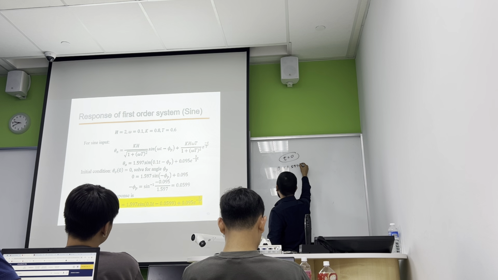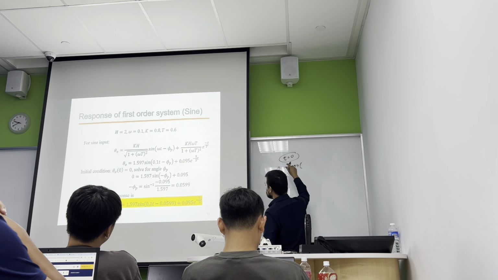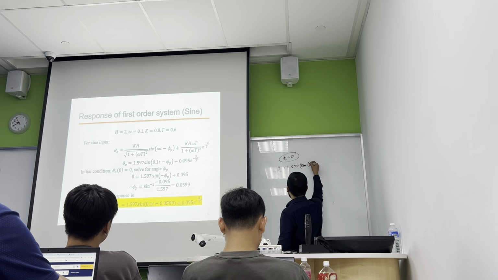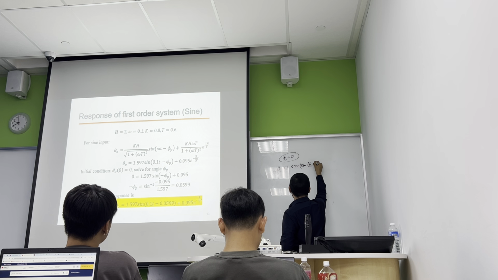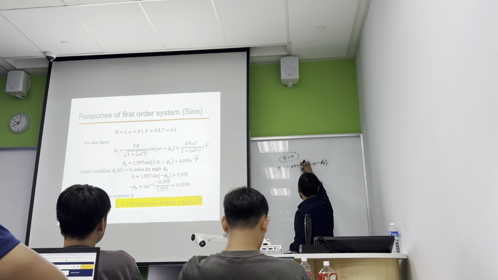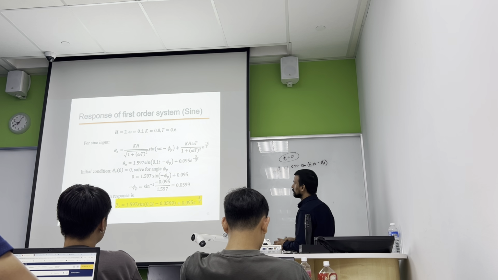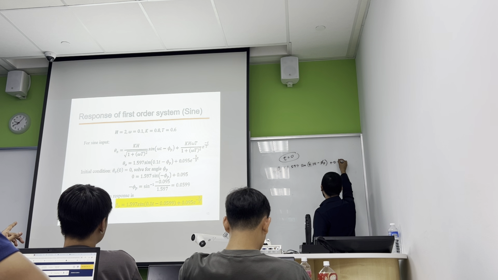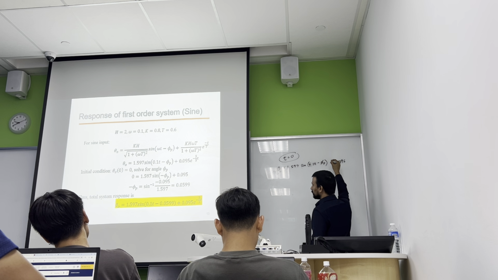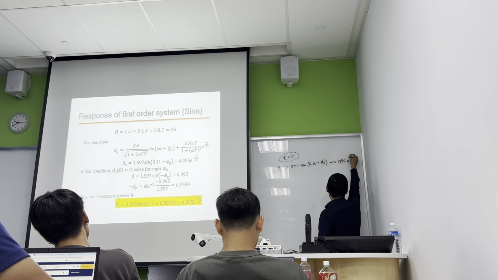1.597 sine 0.1 t minus pi, plus 0.095 exponential of minus pi by 3 t.